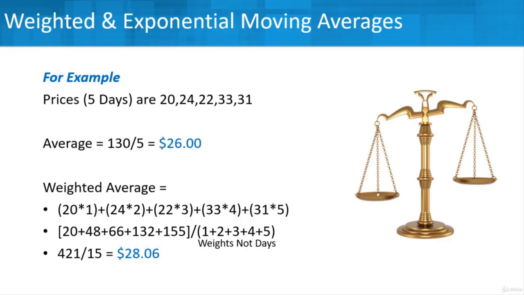So it wouldn't be 5, because that would be a simple average. You divide by 1, 2, 3, 4, 5, which is 15. If it was 20 days, it would go up to 20 different weights. Thus, mathematically, you weight the more recent time by dividing 421 by 15. Doing the math, our weighted average would be 28.06 to be exact.